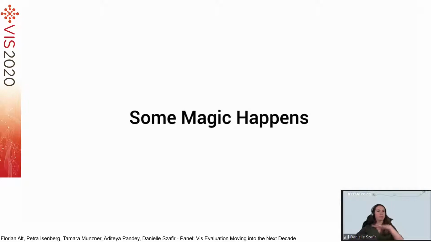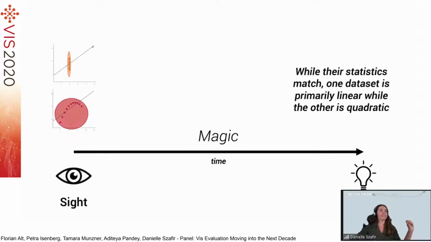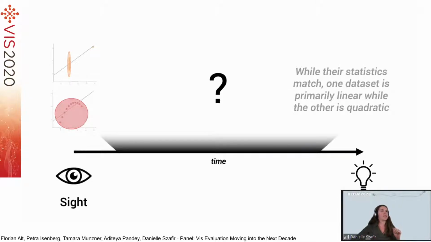Then some magic happens. And then we end up with an insight. For example, an insight that we might take away here is that 2 data sets of identical statistics, but qualitatively different shapes. Well, what is actually happening in between here? I think there's an interesting, rich, and valuable space that describes how we get from our sense of sight to insight. How do we change from structures and patterns to knowledge?